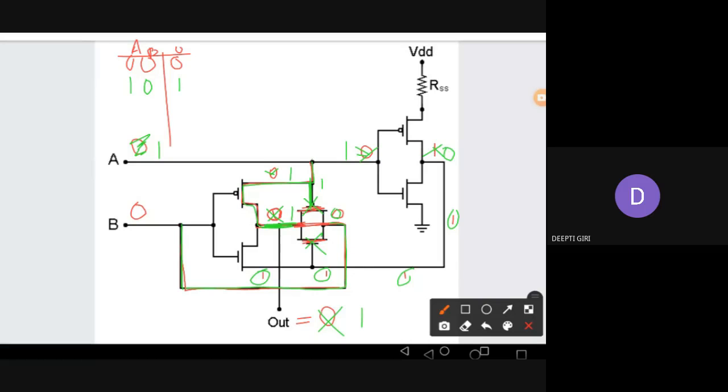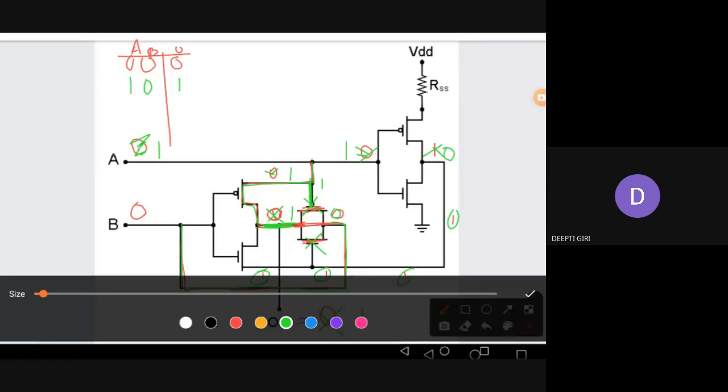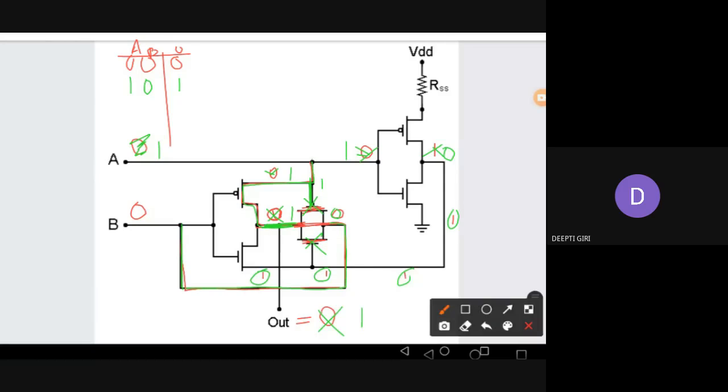Now let's change the value of B. Instead of 0, I change B's value to 1. So what happened? Now 1 is coming here also, right? And this B is high, which means this PMOS is now off and this NMOS is on. So now the A on the bottom, 0 is coming to the output block, right?